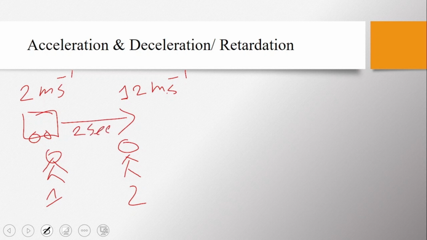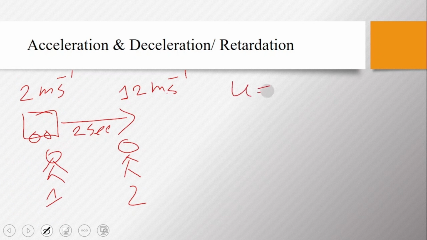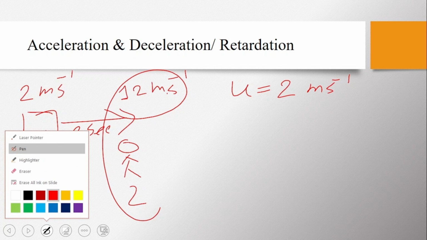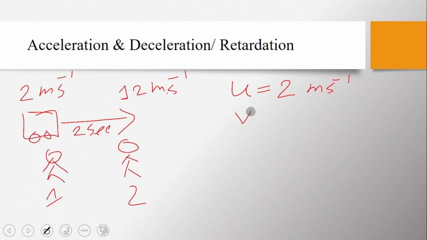We know the velocity at the starting point was 2 meter per second, the initial velocity u. That means the value of u is 2 meter per second, and the velocity at position two, let me write on the screen, the final velocity, is 12 meter per second, right?